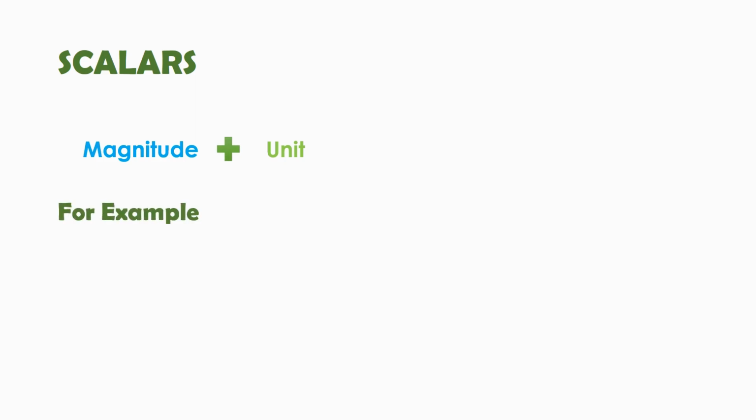As discussed previously, 5 kg of sugar: here 5 is the magnitude and kg is the unit. This magnitude and unit represent a physical quantity, which is mass.